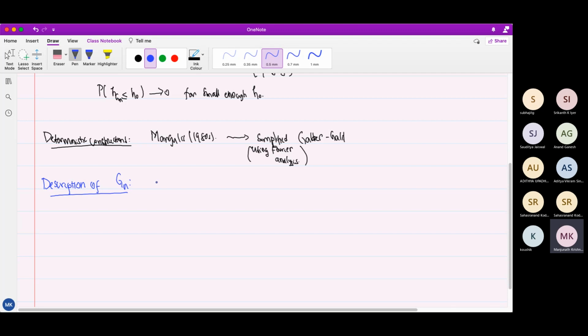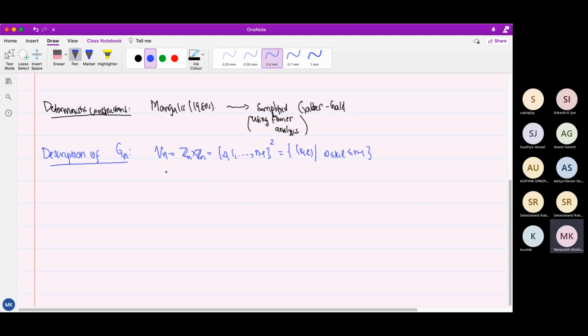Let me describe G_n. What is the vertex set? The vertex set is Z_n cross Z_n, meaning 0, 1 up to n minus 1, cross product with itself. And what are the edges? A vertex (a,b) is going to be connected to many things.